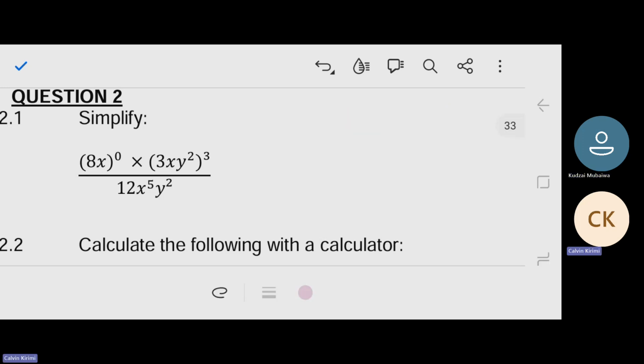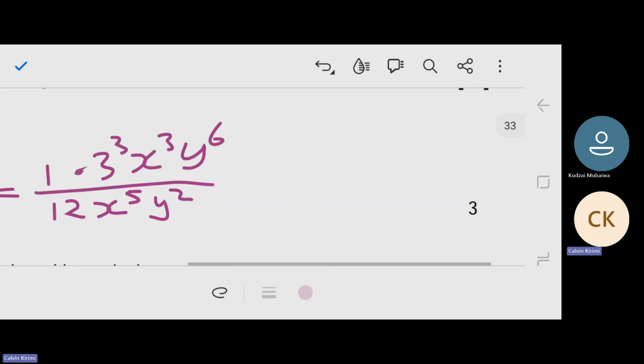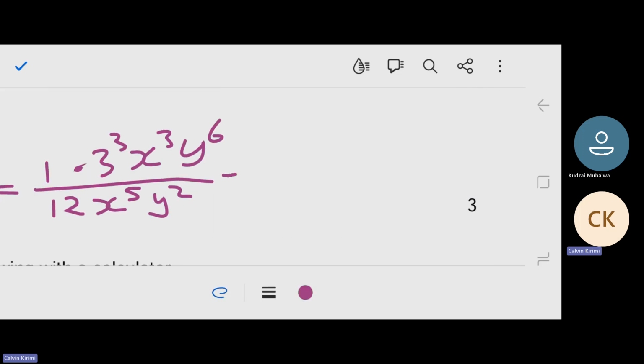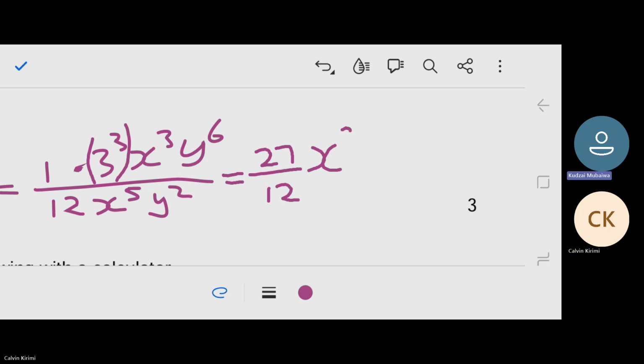So now you know the rule. Whenever they are dividing, you are subtracting. So 1 times 3 to the power 3 is just 3 to the power 3, which is 27, isn't it? Yes, sir. So we are going to say 27 divided by what? By 12. Then multiplied by x to the power 3 minus 5, which gives you what? Negative 2.